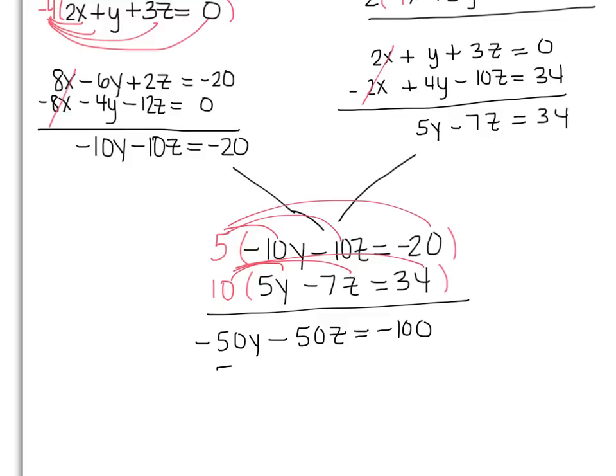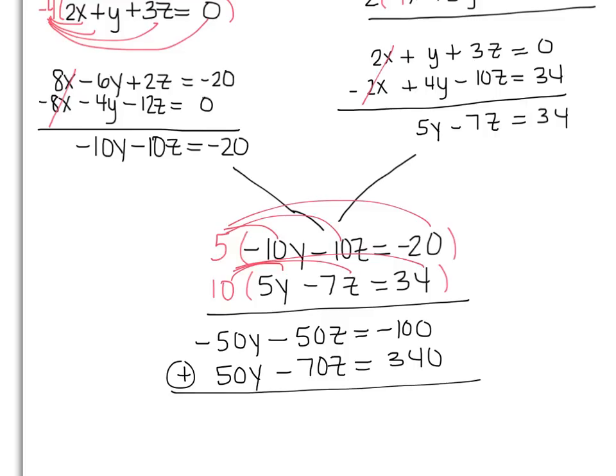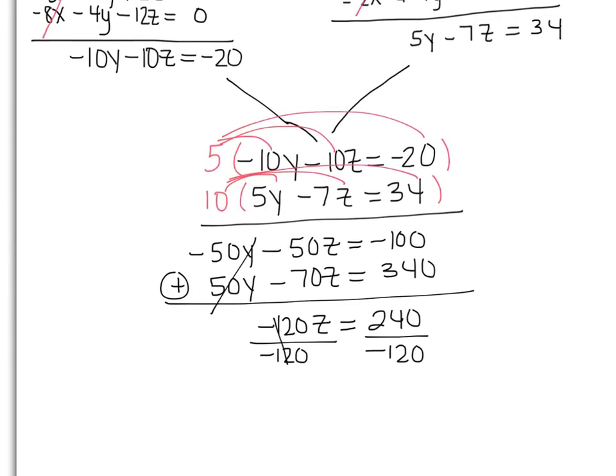And the bottom, 50y minus 70z equals 340. Now we're going to add these two equations. These will cancel. I'm left with negative 120z equals 240. Divide by negative 120. So when you divide 240 by negative 120, you'll get that z equals negative 2.